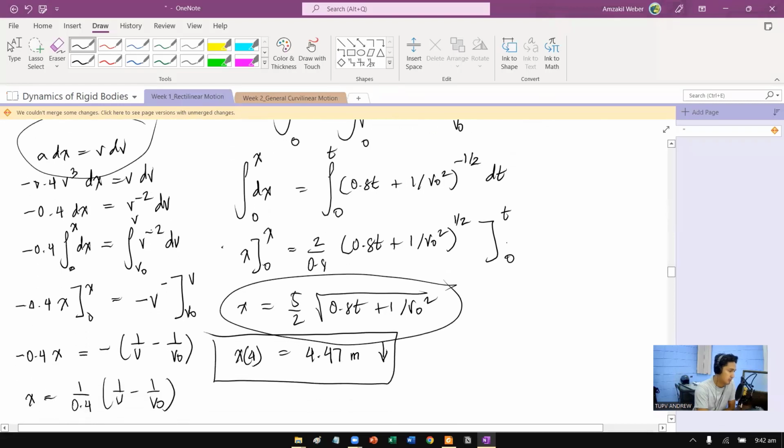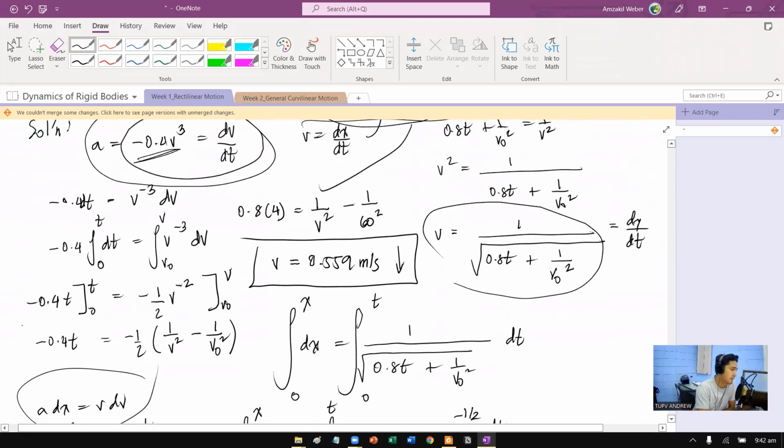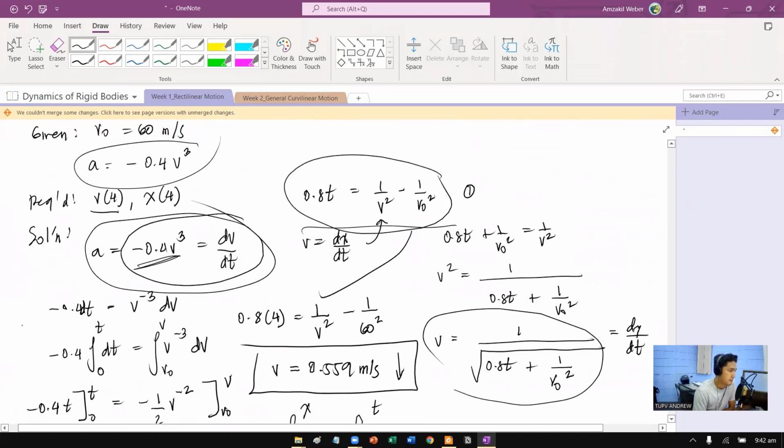From here, we got the displacement equation, which is a function of velocity. So we now have the displacement equation, and the velocity equation as a function of time.